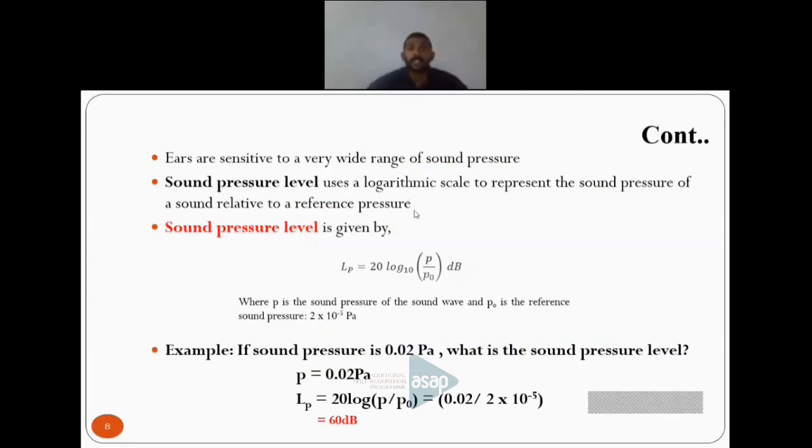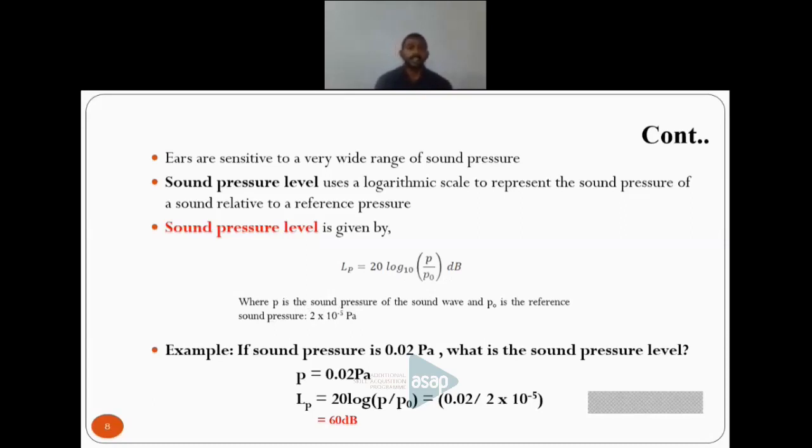The reference pressure is the threshold pressure we already saw, 2 × 10^-5 Pascal. The sound pressure level is given by the equation Lp = 20 log10 (P/P0) in decibel, where P is the pressure of the sound wave and P0 is the reference sound pressure, the threshold, 2 × 10^-5 Pascal.